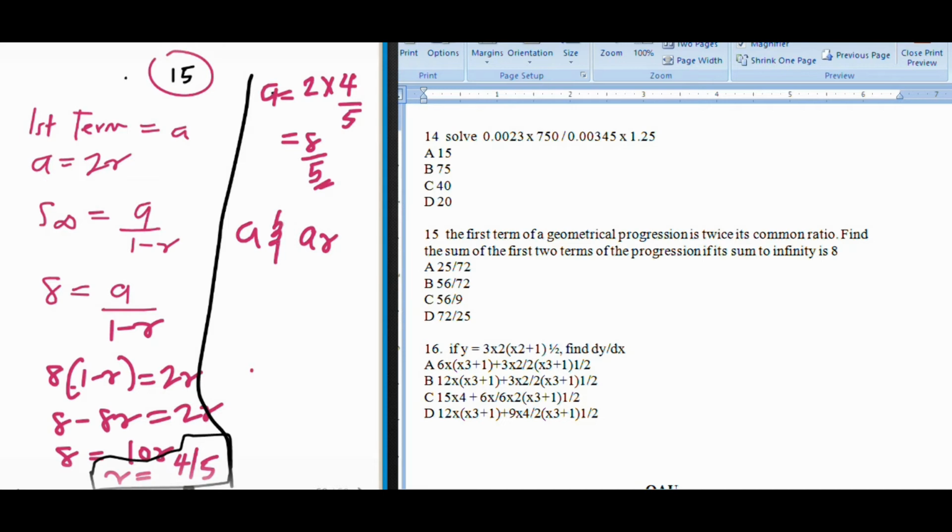The second term AR is given as 8 over 5 times 4 over 5, because our R is 4 over 5. And that will give us 8 times 4 is 32 all over 10. Therefore, the sum of the first 2 terms will be equal to 8 over 5 plus 32 over 10.